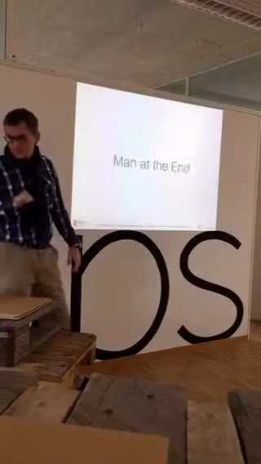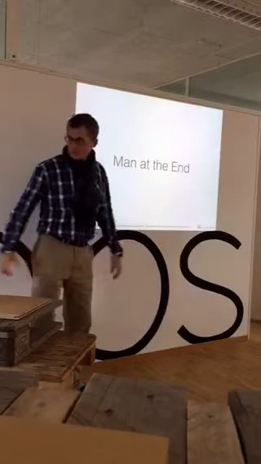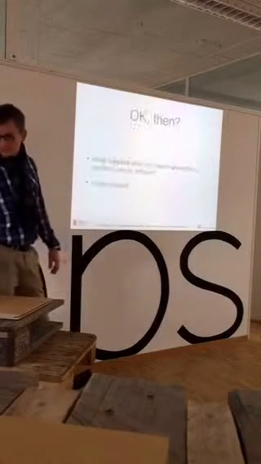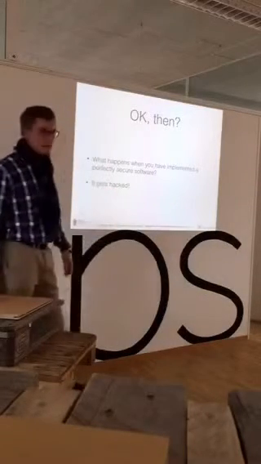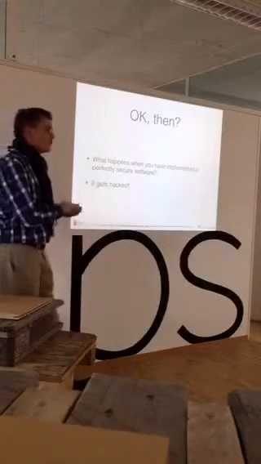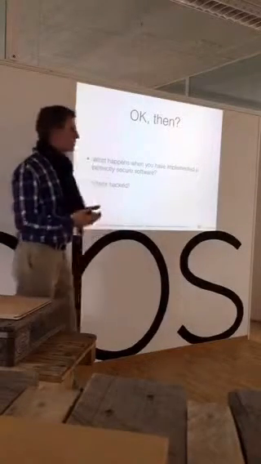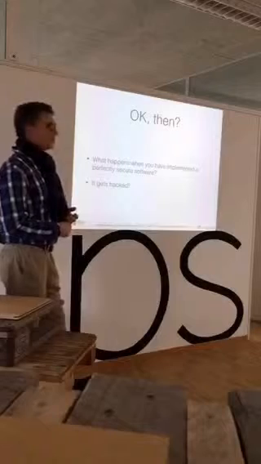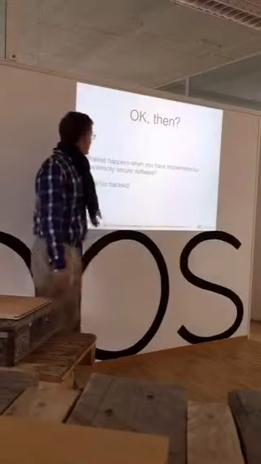Okay, so now let's speak a bit about the infamous man at the end. So now you have obeyed about everything that I said. You have a secure development process, you have good security practices, you have everything you want. And then what happened? Then you get hacked, for sure.